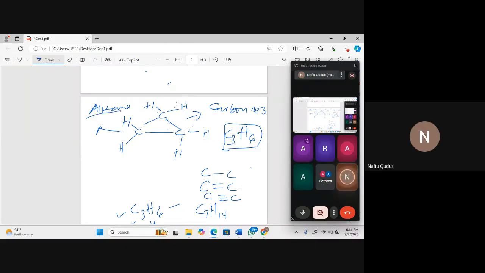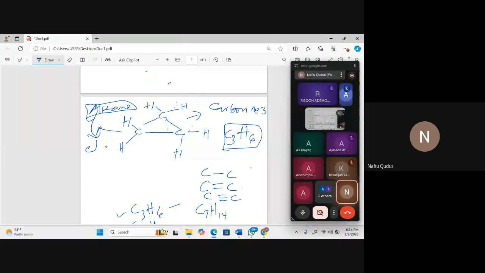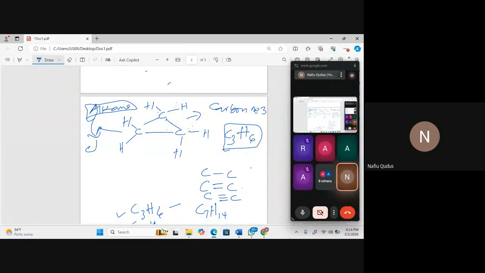That's why we said it belongs to the alkane family. But it is a cyclo compound, alicyclic.